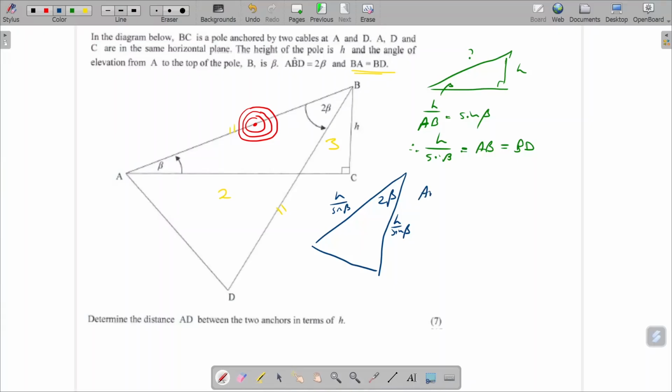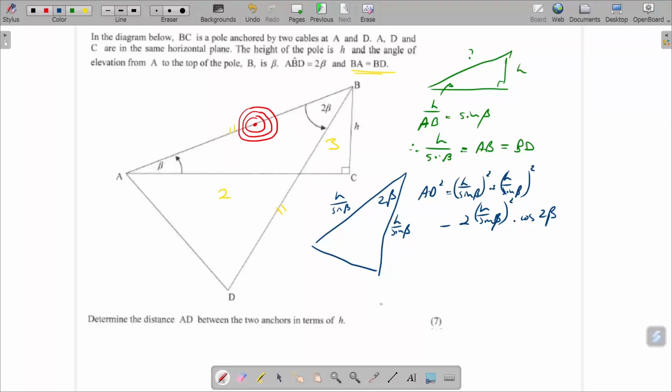AD squared equals H over sine B squared plus H over sine B squared, minus 2 times H over sine B squared times cos of 2 beta.